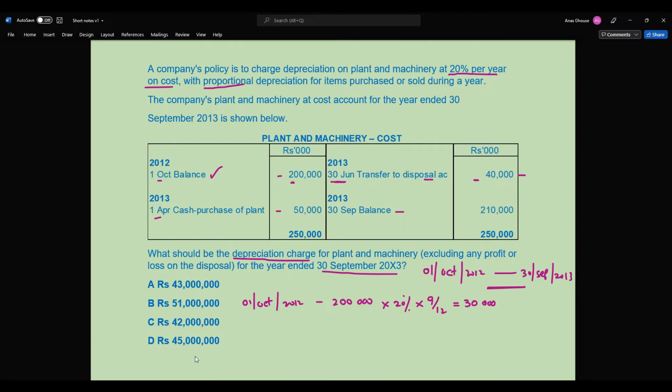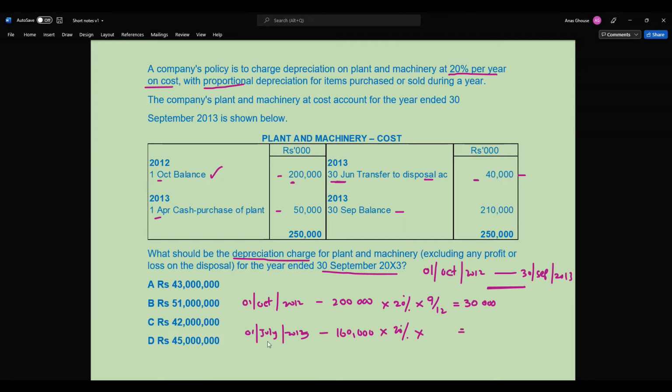So from 1st July 2013, soon after this disposal, the remaining asset value was 160 million. Times 20%, times how many months the remaining asset was there in the business.